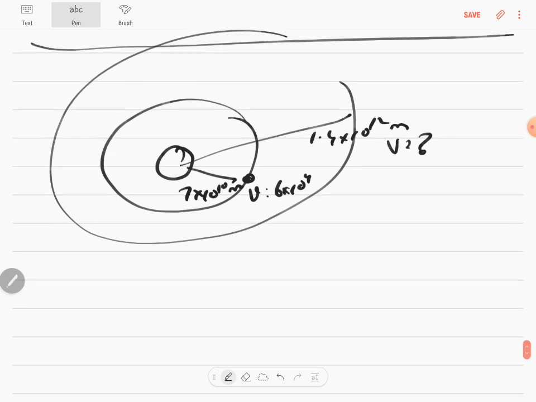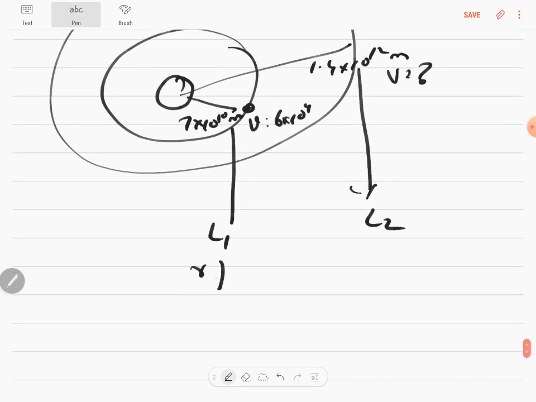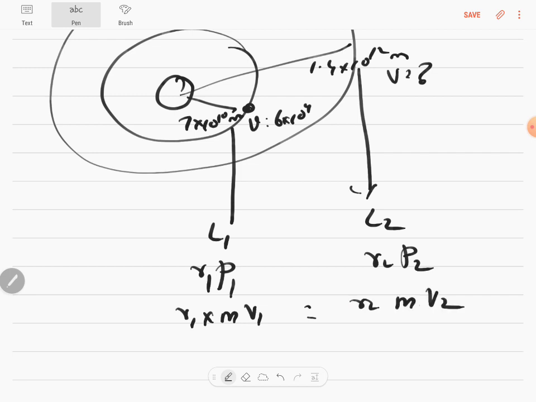Angular momentum is always conserved. So the angular momentum here should be equal to the angular momentum here, which is r times linear momentum. So r1 into mass into velocity v1 should be equal to r2 into mass, which is the same, into the velocity v2, which will be different.